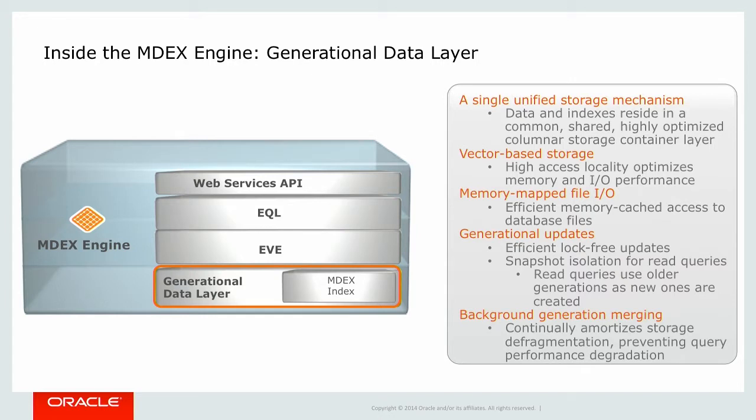I think we've now managed to cram every single buzzword into this slide. You have virtualization, you have columnizing, lock-free updates, snapshot isolation for read queries. So it's a pretty neat thing, if I may say so myself. And at the bottom there, we have this generational data layer, which is responsible for storing all the indices, all the data.